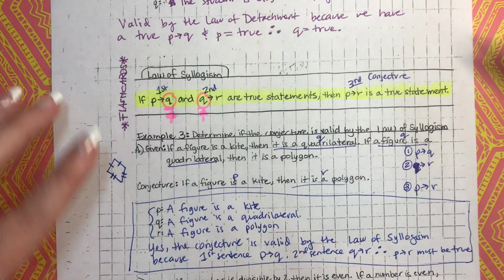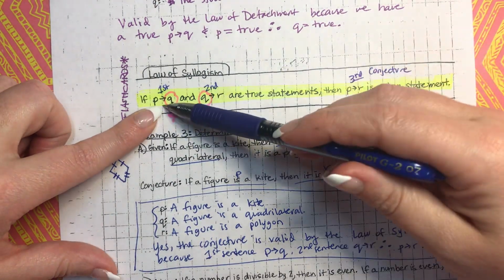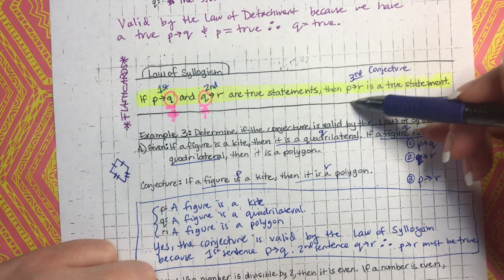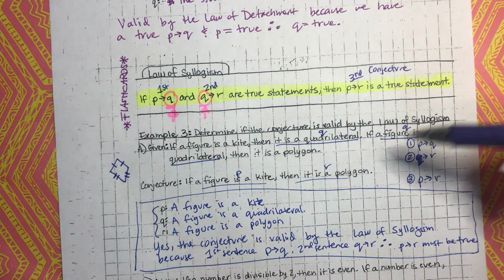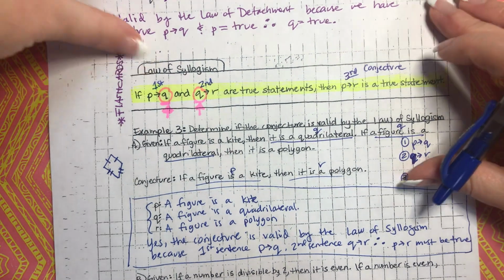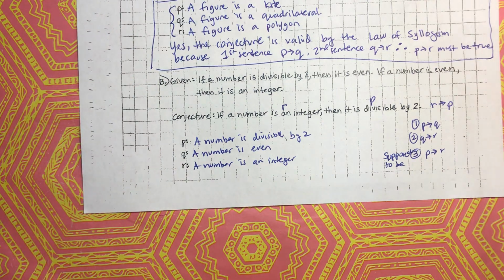So this does not fit the rule. This does, but this doesn't. This example is R to P when it's supposed to be P to R. So because of that, it's not valid by the law of syllogism. It doesn't fit the rules.